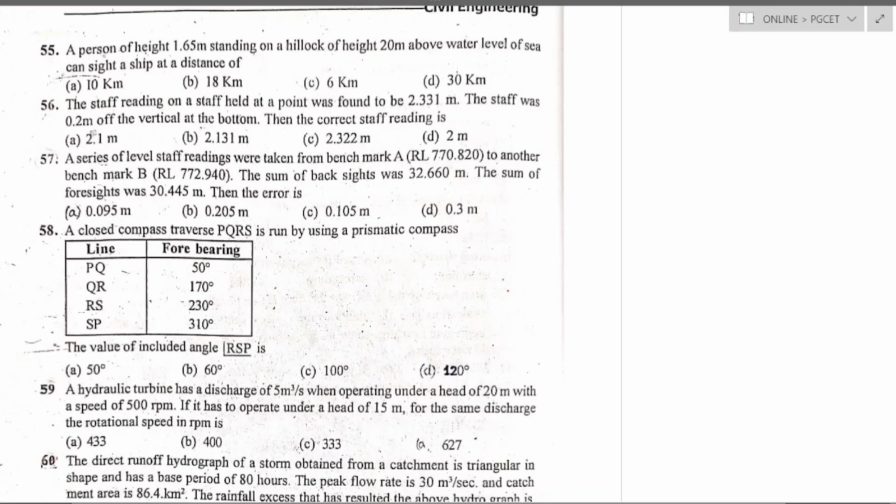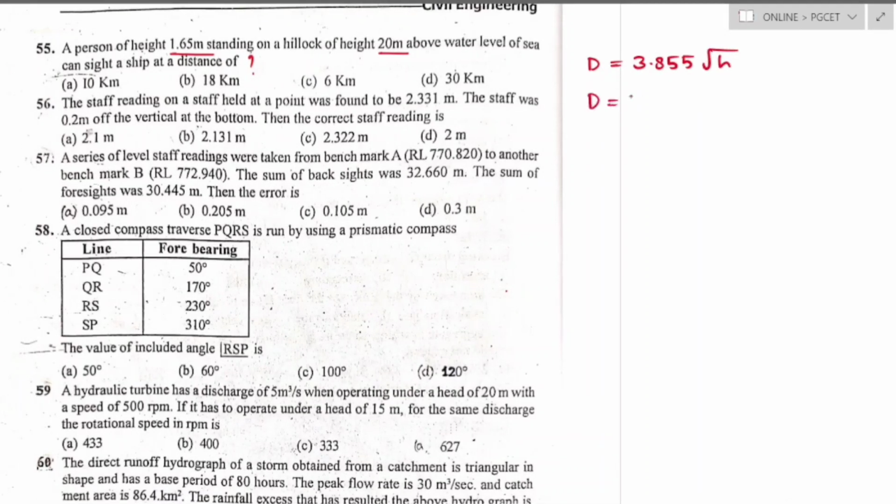Question number 55. A person of height 1.65 meter standing on a hillock of 20 meter above the water level of the sea can sight a ship at a distance of. This is a problem related to the radius of the visible horizon, and it is given by the relation D equal to 3.855 square root of h, where h is the height of the observer.